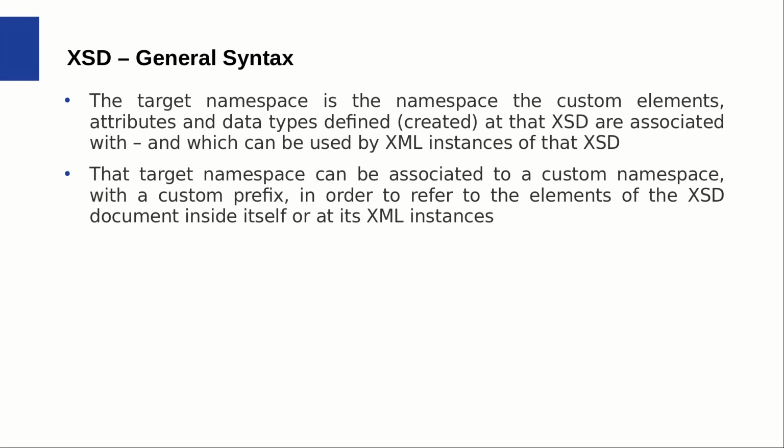This target namespace is the namespace the custom elements, attributes and data types defined in that XSD are associated with, and which can be used by XML instances that refer to that XSD document.